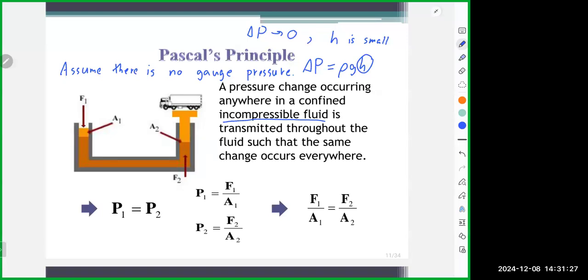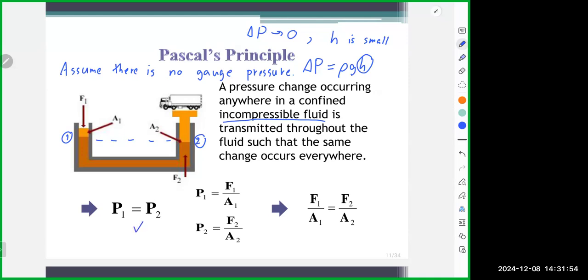For this one, you know that at the same level of liquid, the pressure would be the same right here. So we can get that at points 1 and 2, the pressure is the same. So P1 equals P2.